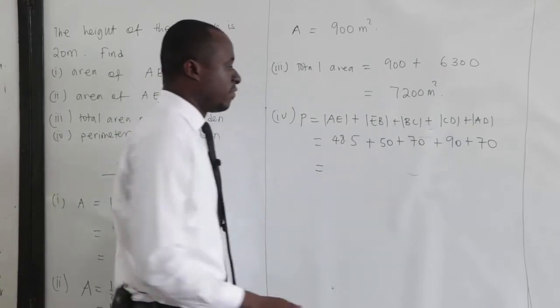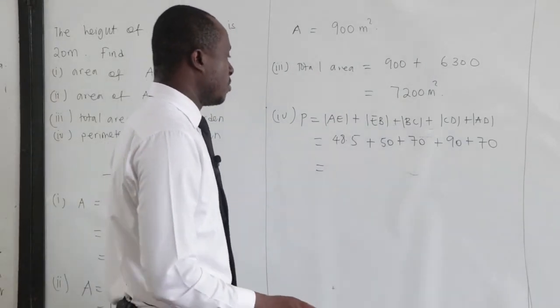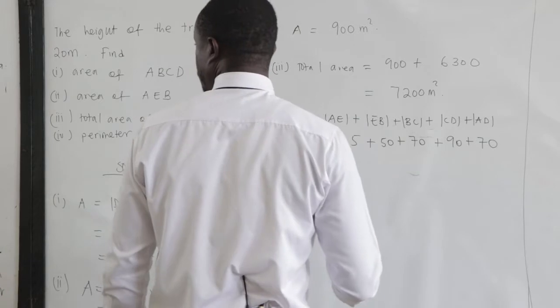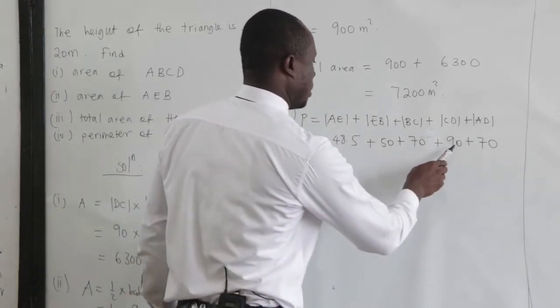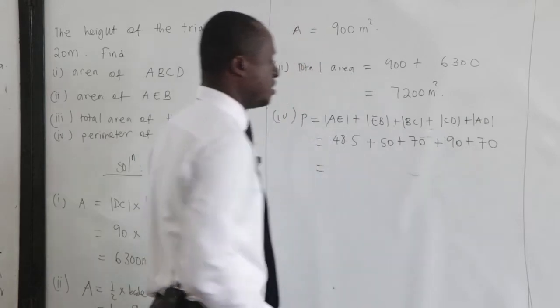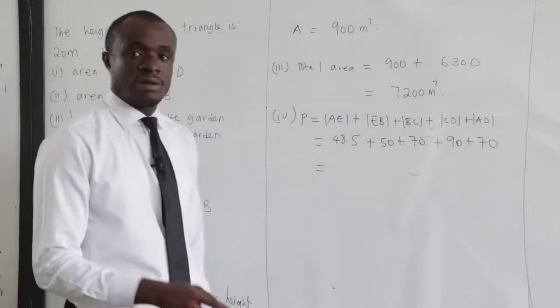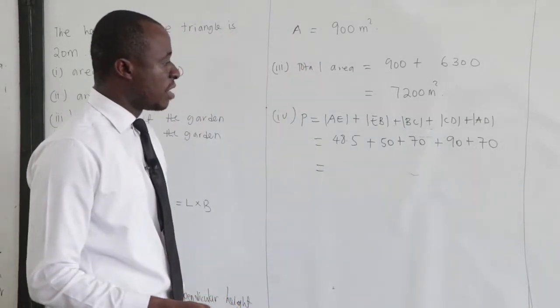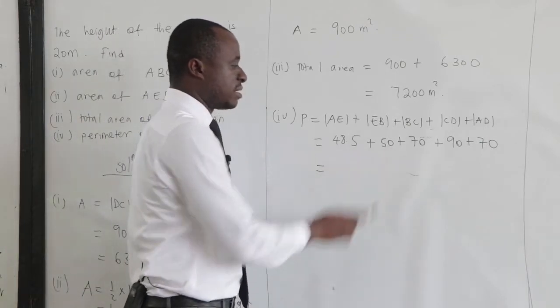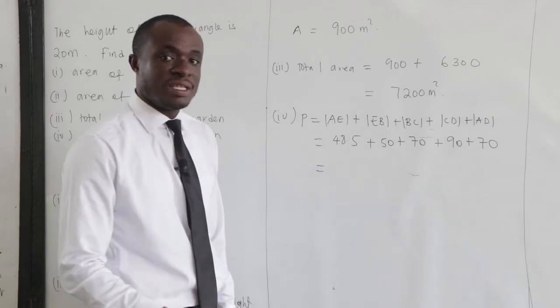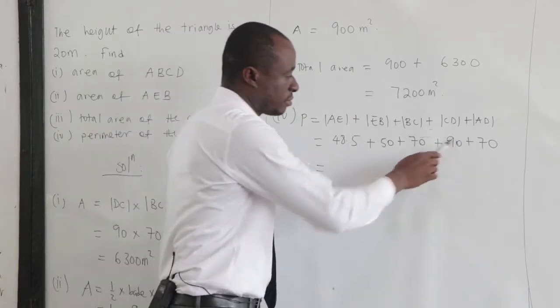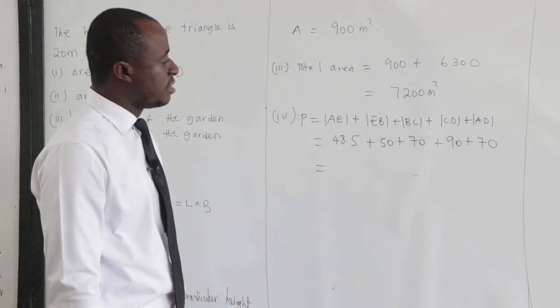Now, looking at it carefully, what can we see? Clearly, 70 plus 70 gives us 140. Now, what is 140 plus 50? That is 190. What is 190 plus 90?